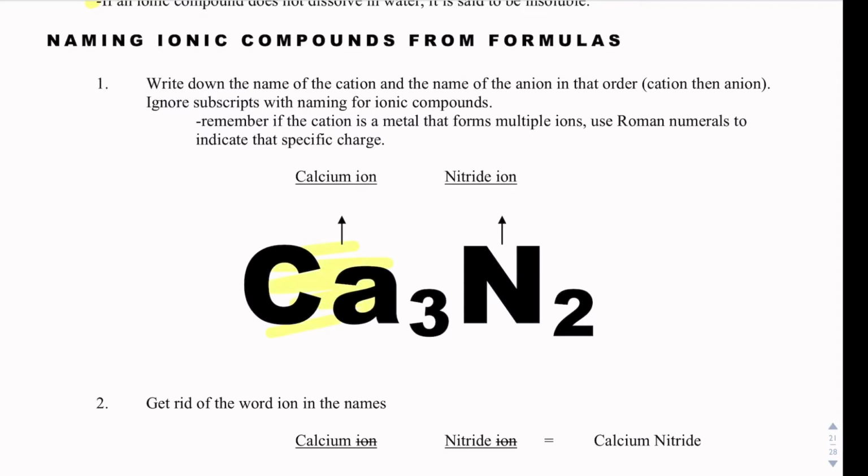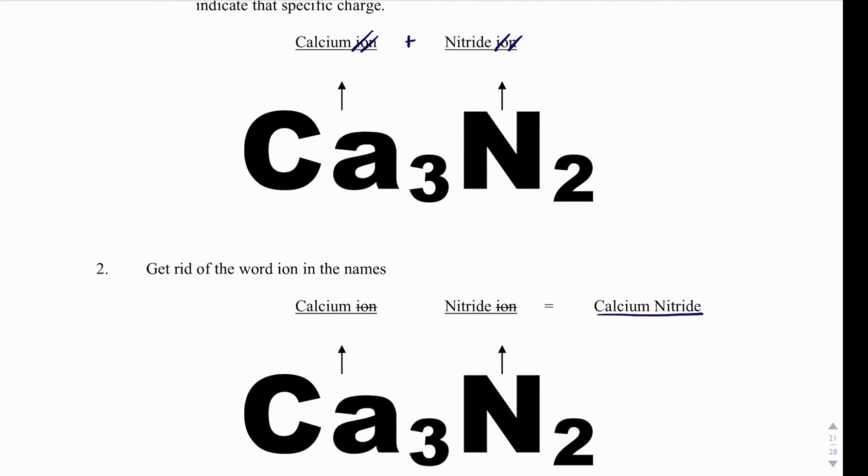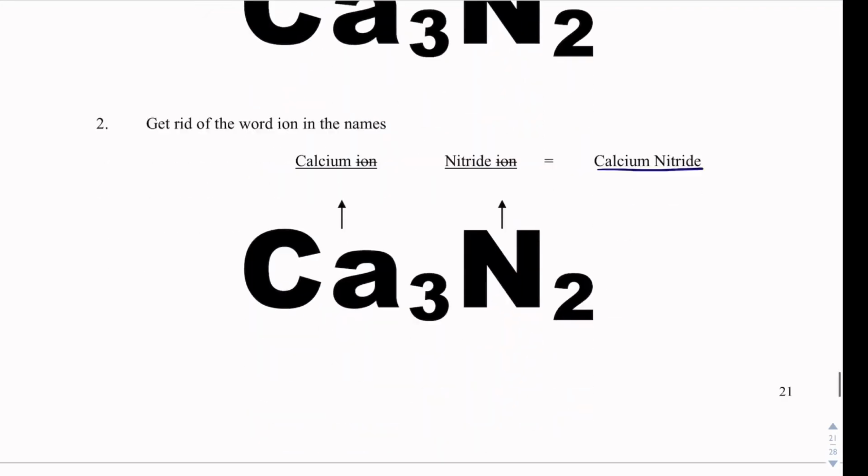And so calcium as an ion is going to be called calcium ion. This is nitrogen, but as an ion, that is nitride. And so when we combine them, we're just going to drop the ion name, like we see here, and we're just going to get calcium nitride. Okay, that is how that's going to be combined.